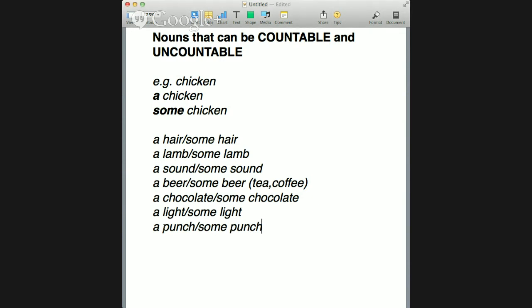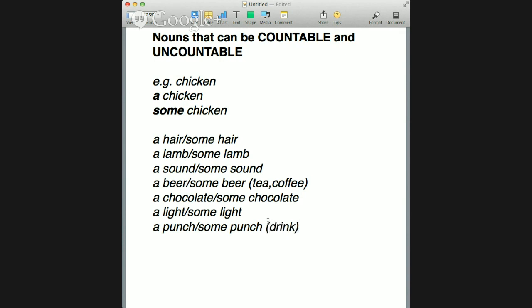A punch is when you get to give a punch. Some punch become painful. Okay, nice. Actually, no, that's not quite correct. A punch is when you get hit, right? A punch is like, oof, a hit. If you say some punch, what you would be talking about is a type of drink that you have at a party.